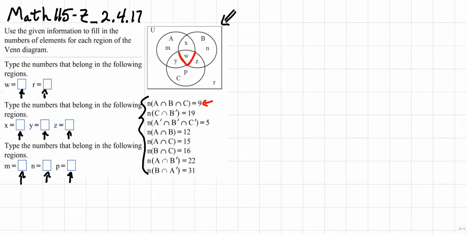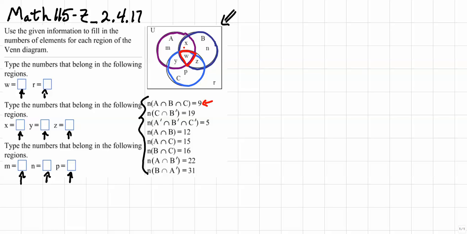If you look very carefully, you have this circle, which is A, then you have this circle, which is B, and then you have this circle, which is C. And when they overlap, this is the area in which they do so.